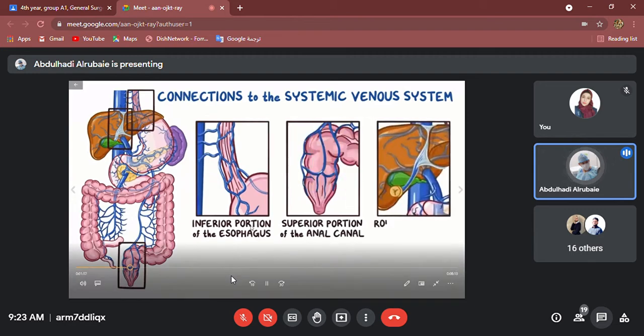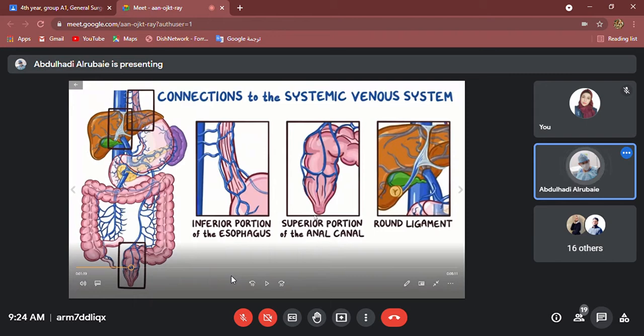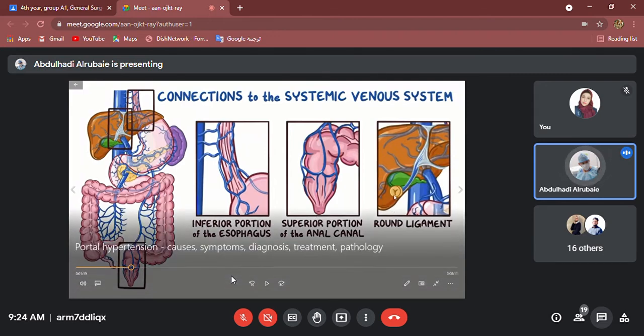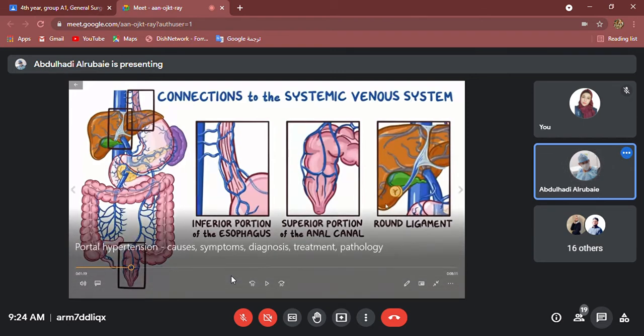هاي الاريا اللي حكينا عنها اللي هي site of portosystemic communications. The inferior portion of the esophagus, and the superior portion of the anal canal، مثل ما قلنا between superior middle rectal vein and inferior rectal vein, and the area of the round ligament of the liver. احنا هو placental vein, obliterated placental vein.